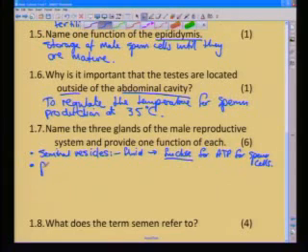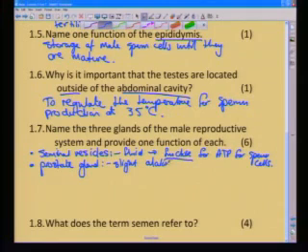Then we have the prostate gland. And what does the prostate gland do? Remember, it's going to make sure that we neutralize the female. So it has a slightly alkaline fluid.